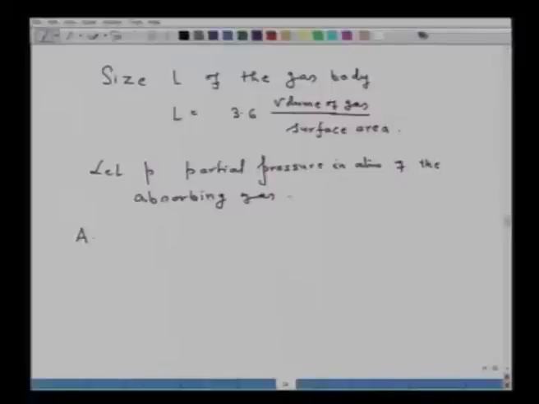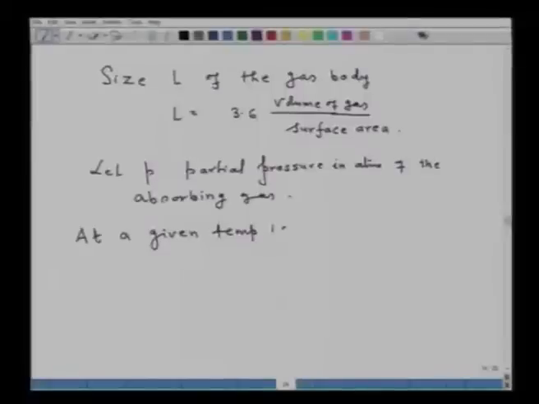At a given temperature, this number of molecules that determines the heat transfer by radiation is proportional to P into L, where P is the partial pressure of that particular gas.